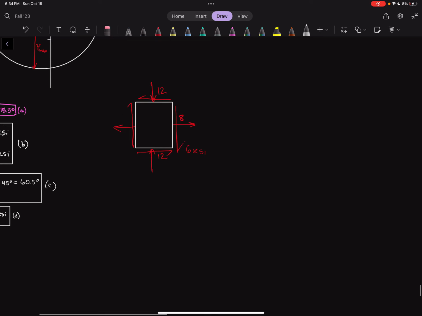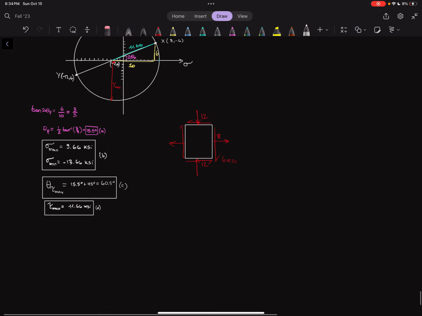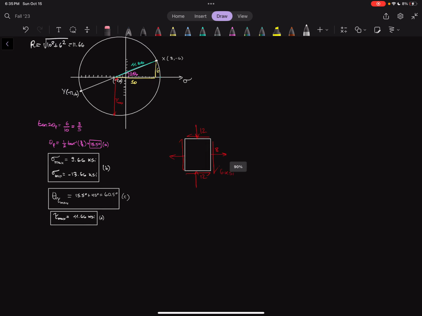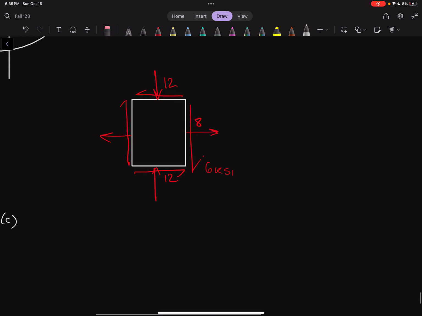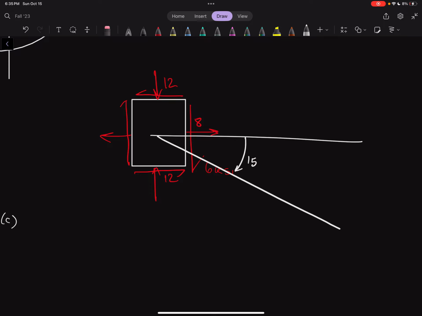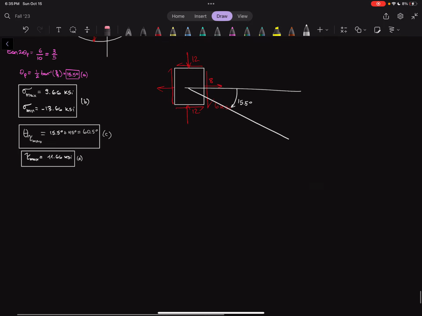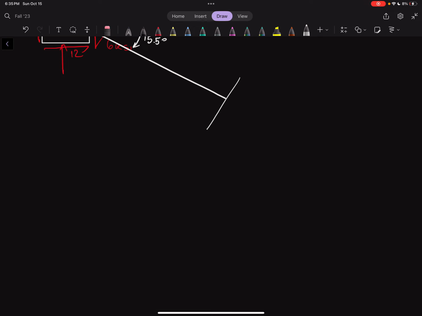So to get to the principal planes, we have to rotate it 15.5 degrees clockwise. So here we have to rotate it 15.5 degrees. We get to the principal plane.